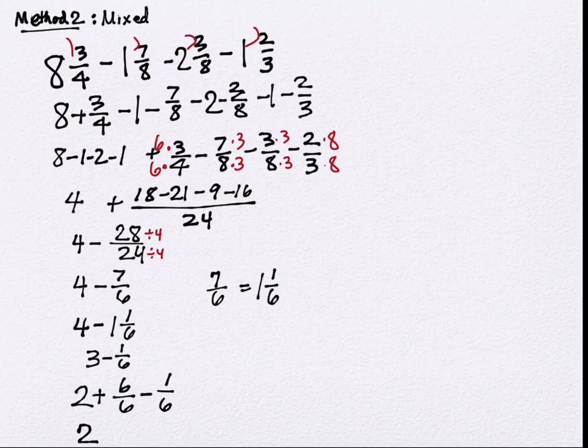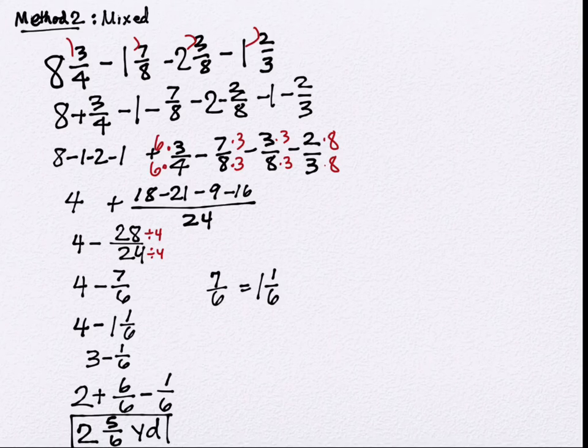So now I have 2, and 6 minus 1 would be a 5, 5/6 yards left over. Okay? This requires a little bit more thought process. It's not quite as rigid like, here's step number 1, here's step number 2, here's step number 3, as it is with improper fractions, but it does work. Okay? So it's another option.